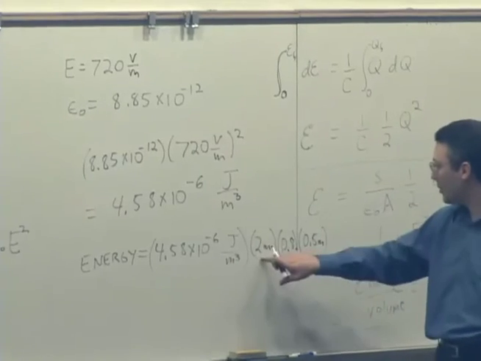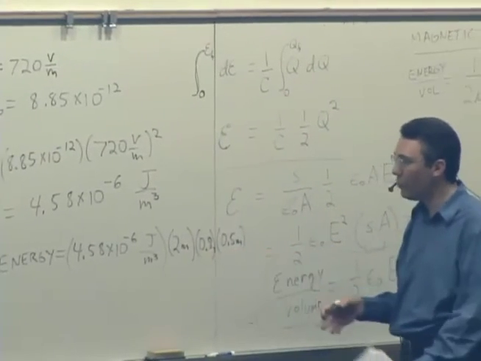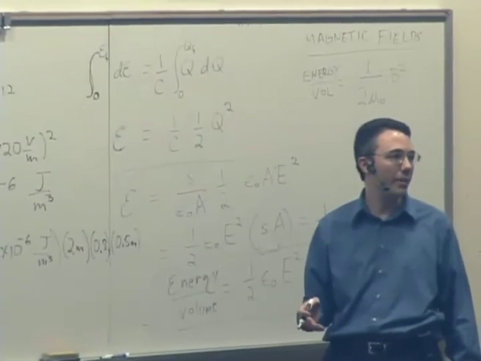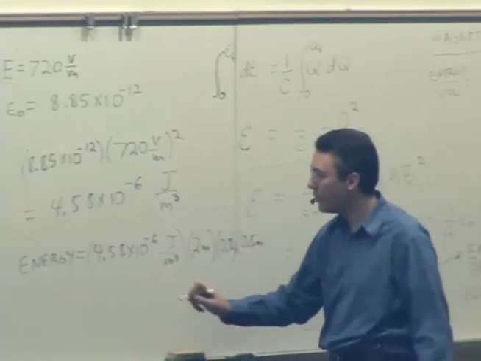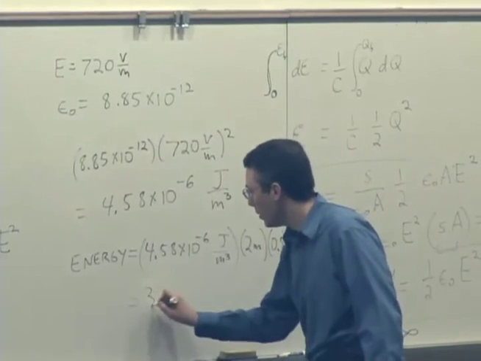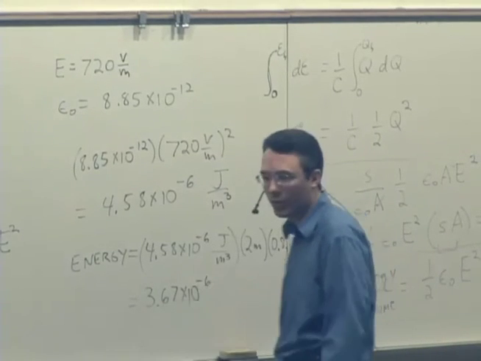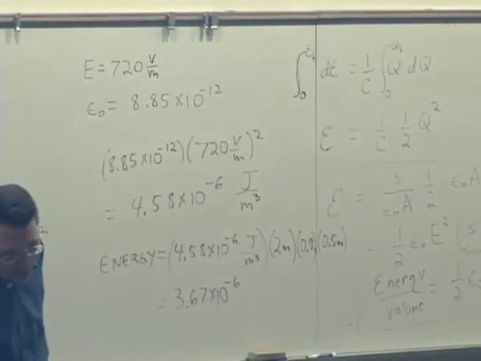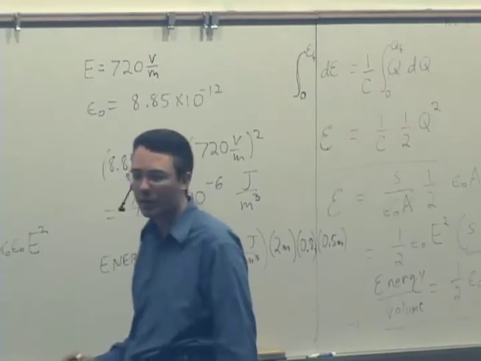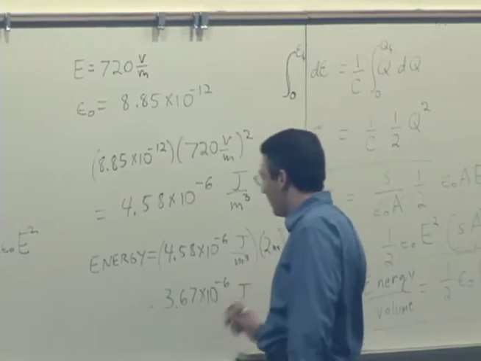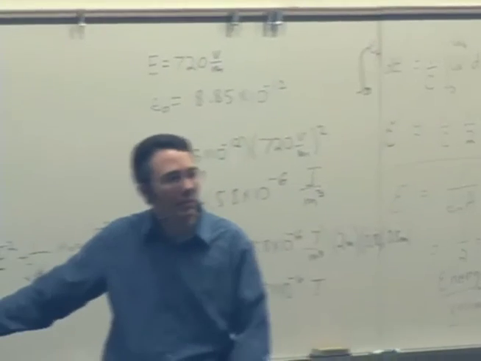Well, 0.5 times 2 gives you 1, so the whole thing is 0.8 meters cubed. And this times 0.8 gives you 3.67 times 10 to the minus 6, which is up there, I hope? Yeah, answer number 3. So 3 is correct. So this is energy density, not energy.